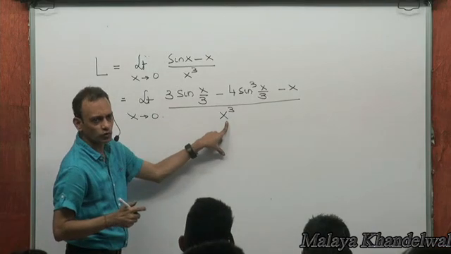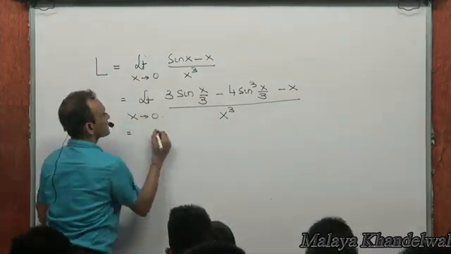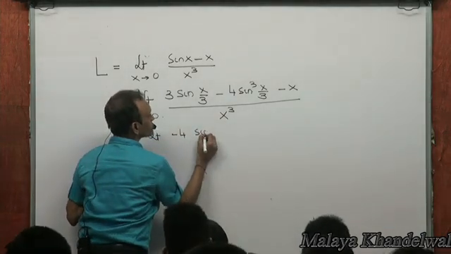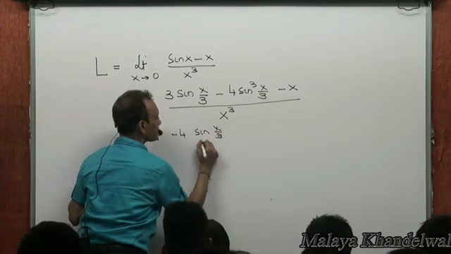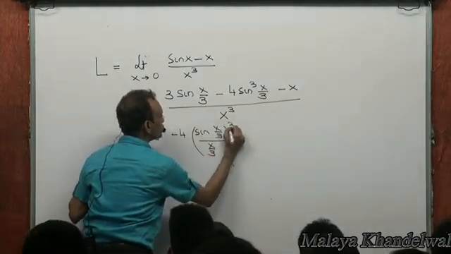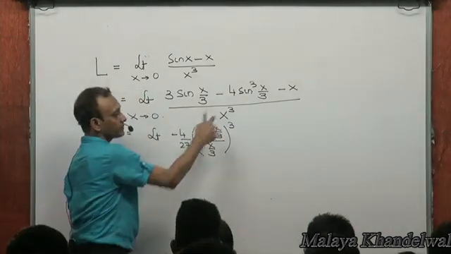This, of course, I would want to club with this. So this I write as limit of minus 4 times (sin x by 3 by x by 3) whole cubed, by 27, to balance that.